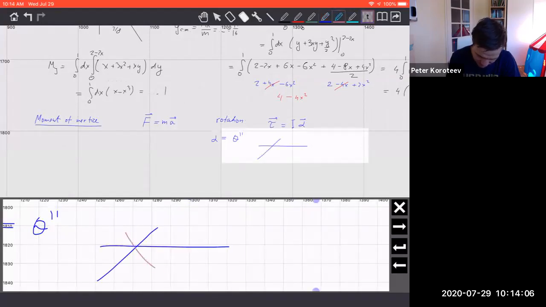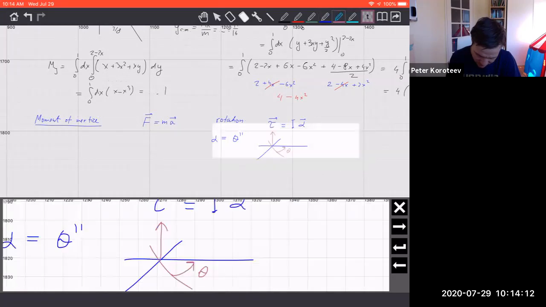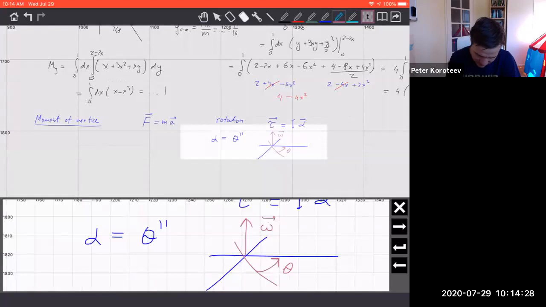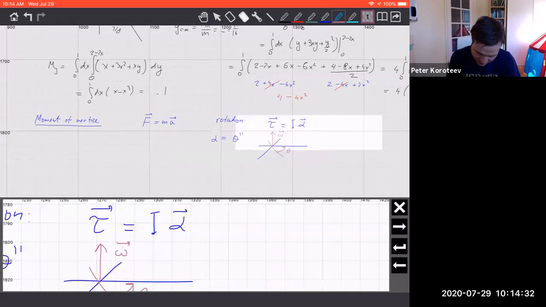If angle theta changes like this, then the rate of change, the angular velocity, is directed upwards. We can call it omega. The derivative of omega itself is the angular acceleration, which is called alpha.